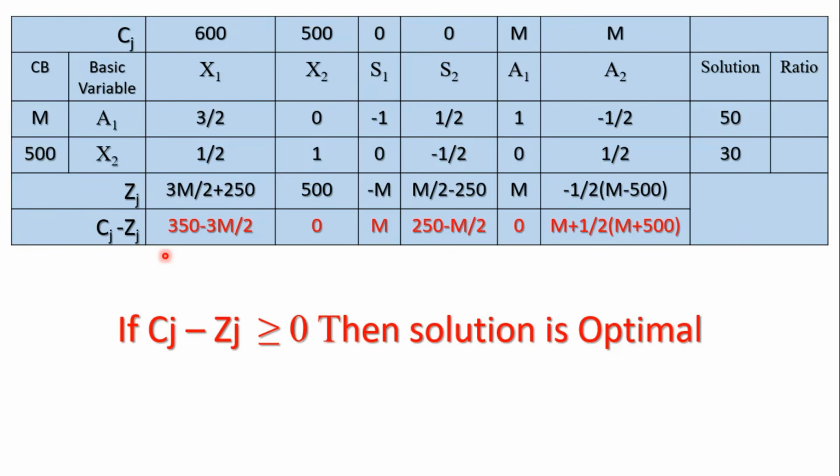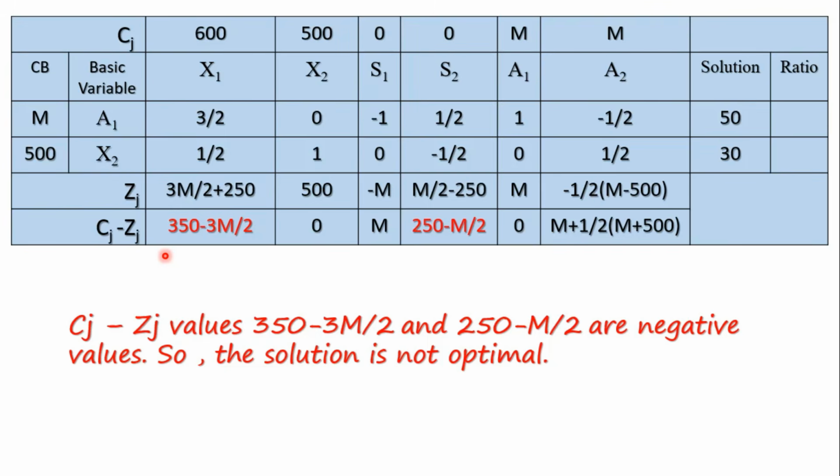Now, if cj minus zj is greater than or equal to 0, then the solution is called optimal. But here we have two values, 300 minus 3m by 2 and 250 minus m by 2. These are negative values, so the solution is not optimal. We need to do one more iteration table to make the solution optimal.